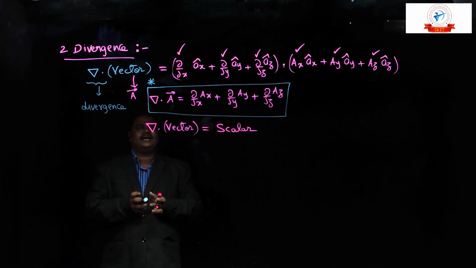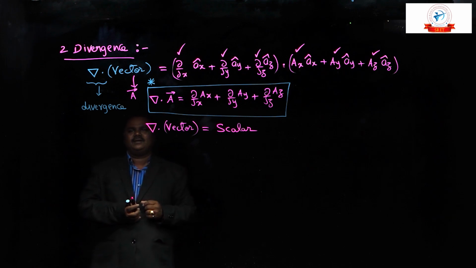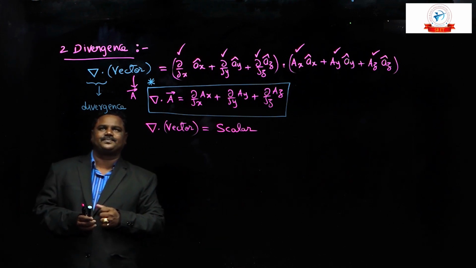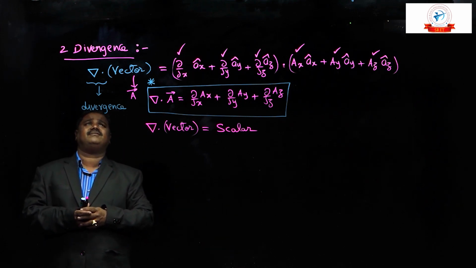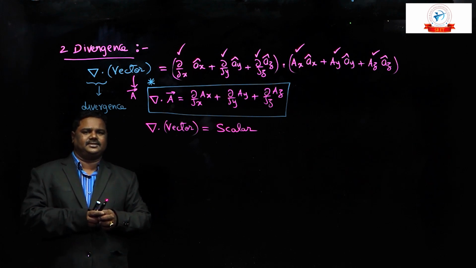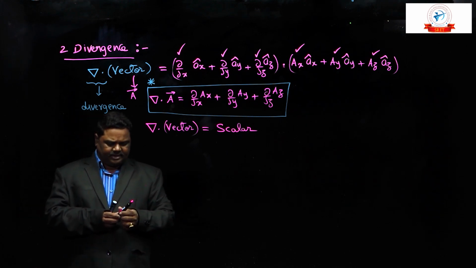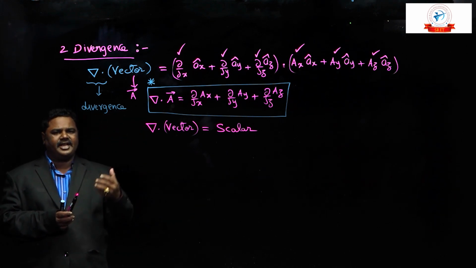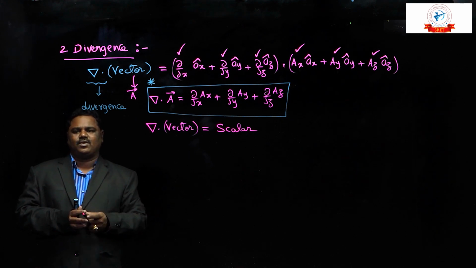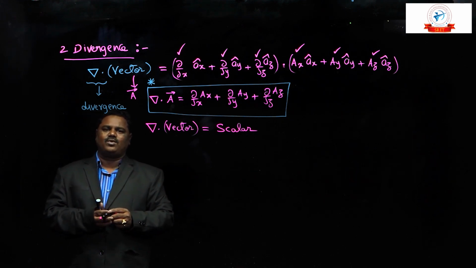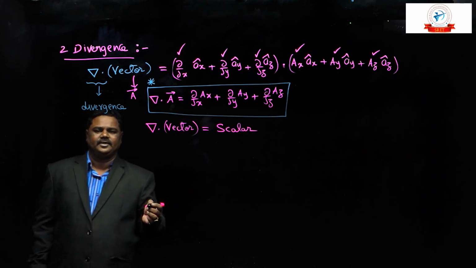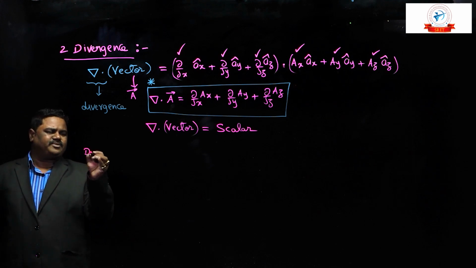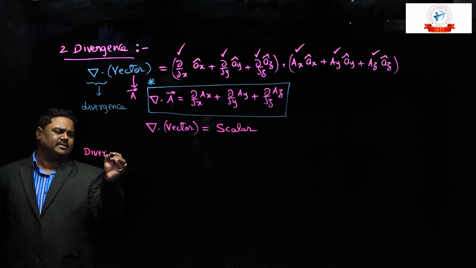Once you understand this formula, next you need to understand the physical meaning of the divergence operation. When we apply the divergence operation on any physical quantity, what does it explain, or what is it going to find out? Can you tell me what is meant by diverging?